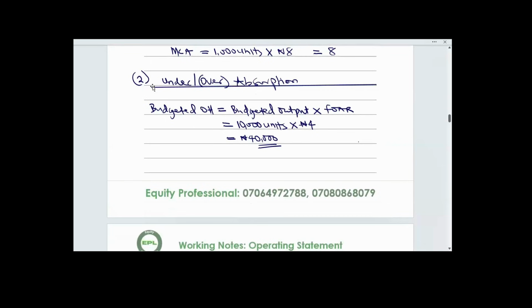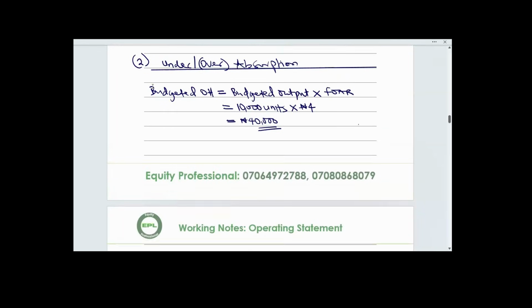Now let us determine the actual overhead absorbed to product. What is the fixed production overhead absorbed to product in period 1, period 2, and then period 3?